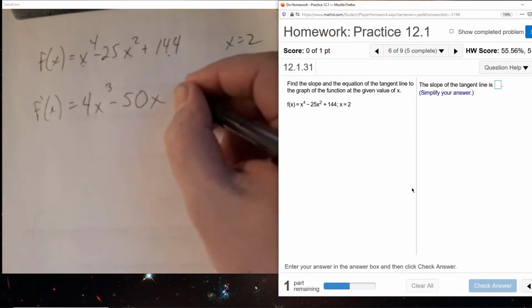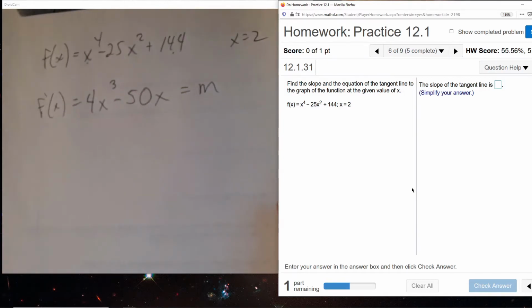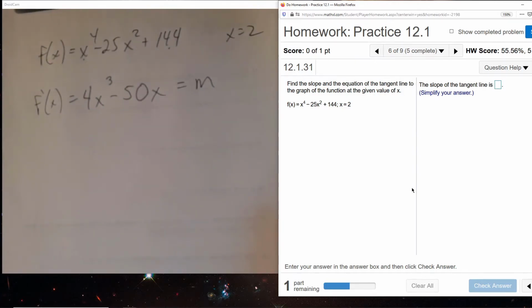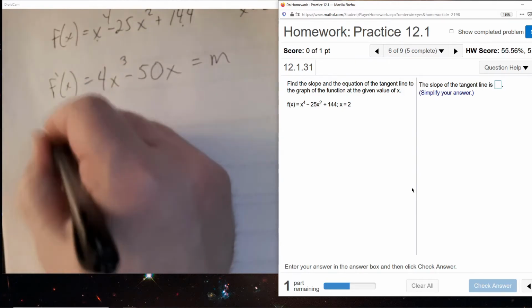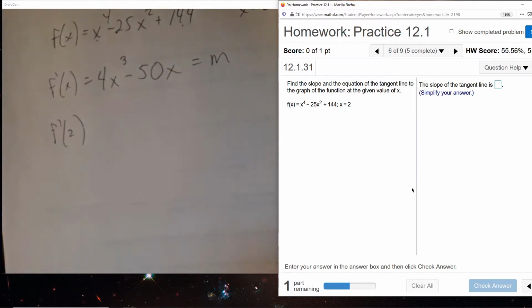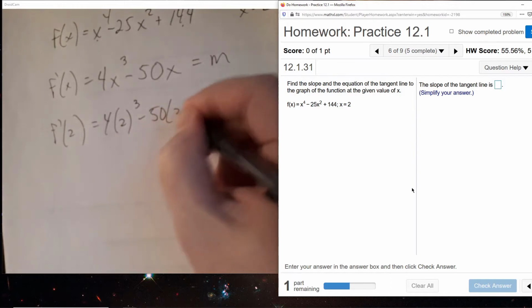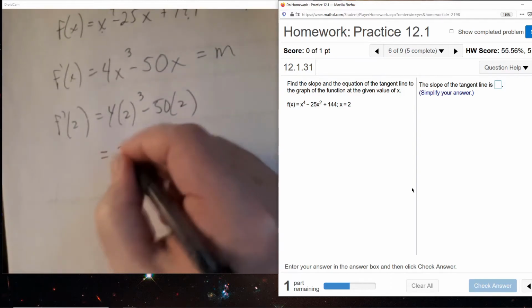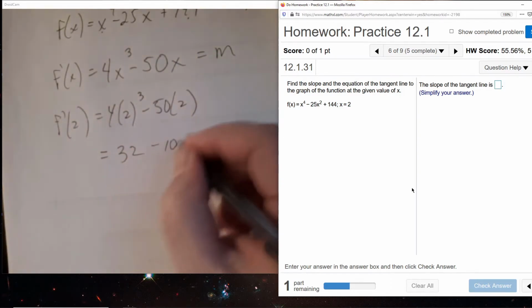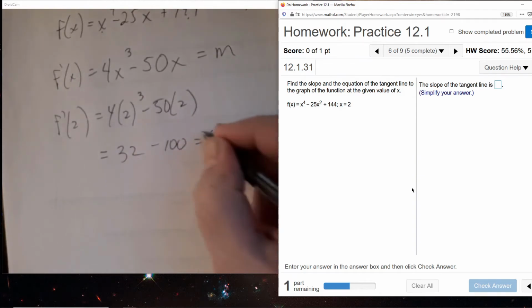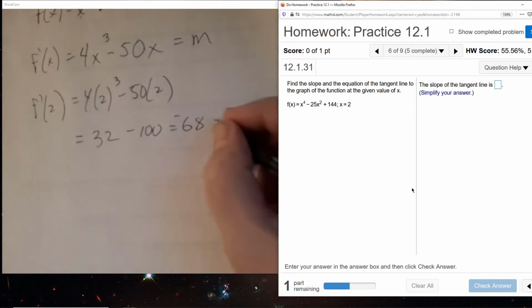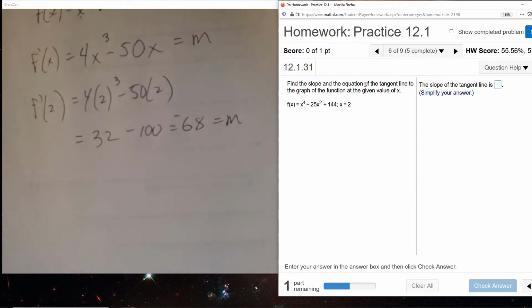The derivative gives us the slope of the tangent line, and they want this specifically at 2. And there's our slope, which is the first part they want, just the slope.